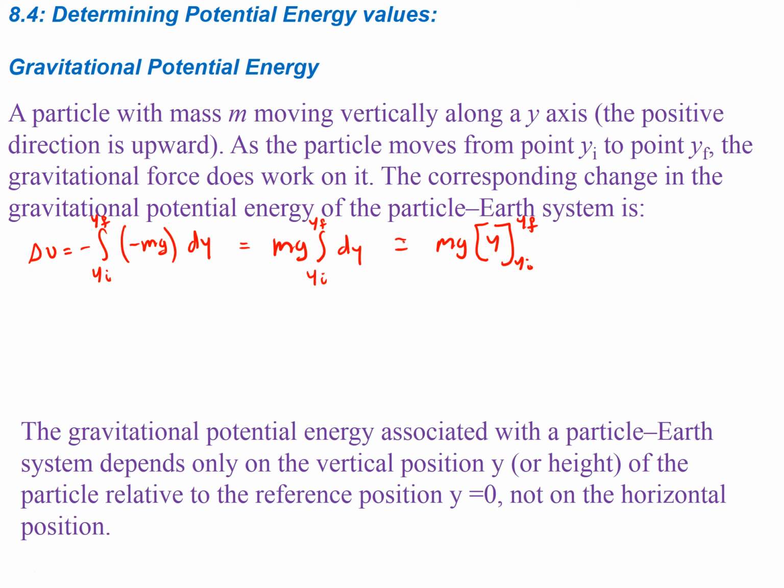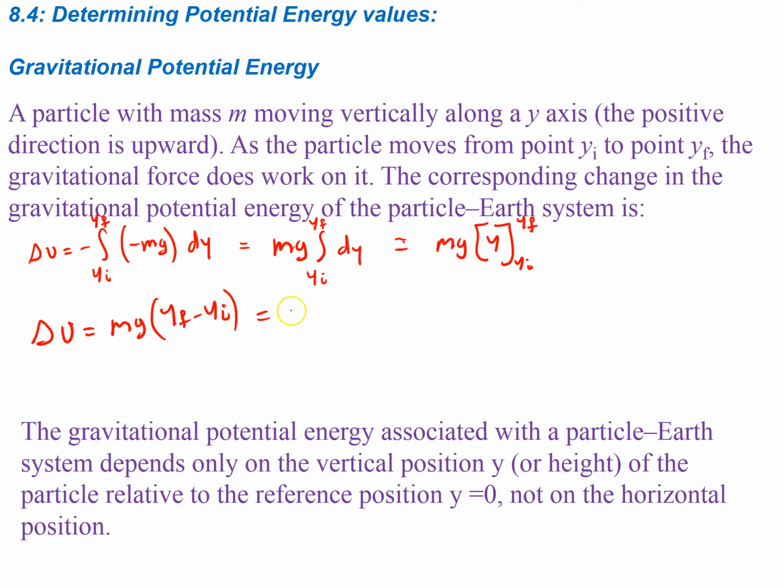To evaluate this, we take the top minus the bottom, and we plug it into our variable here. All right, so we have yf minus yi. So our change in potential is then going to be mg, which is our constant out front, and then we have yf minus yi.